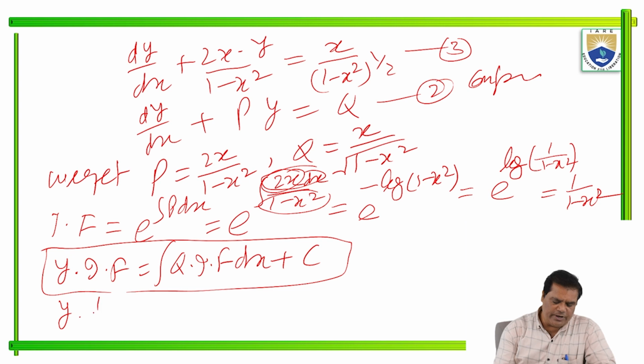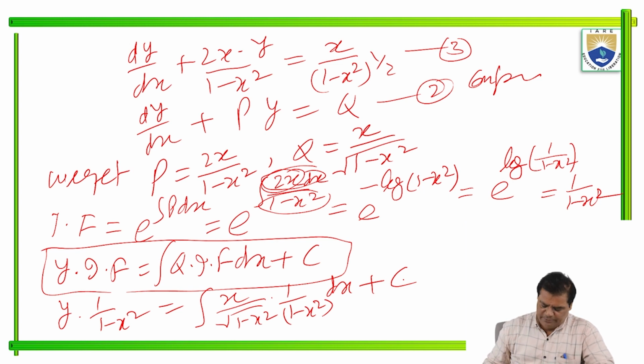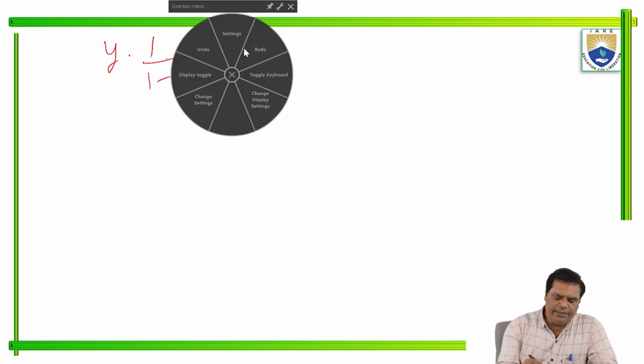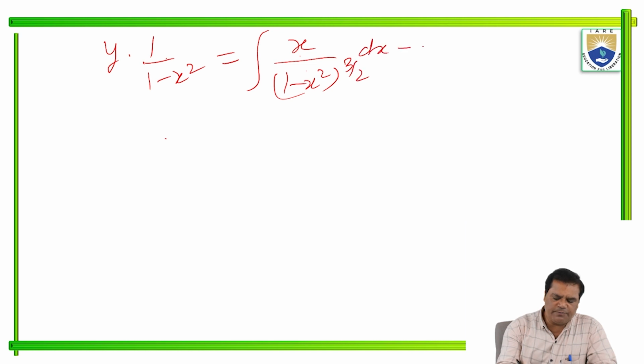Putting values here, y into 1 upon 1 minus x square equals integration of q, which is x upon the square root of 1 minus x square, into 1 upon 1 minus x square, the IF, dx plus c. So y into 1 upon 1 minus x square equals integration of x into (1 minus x square) to the power 3/2 dx plus c.